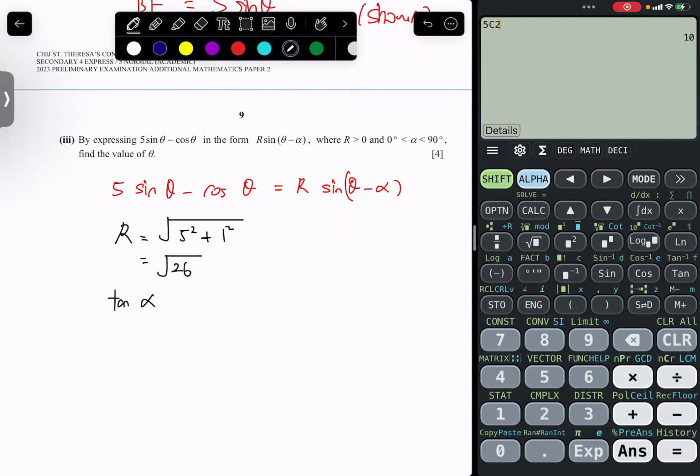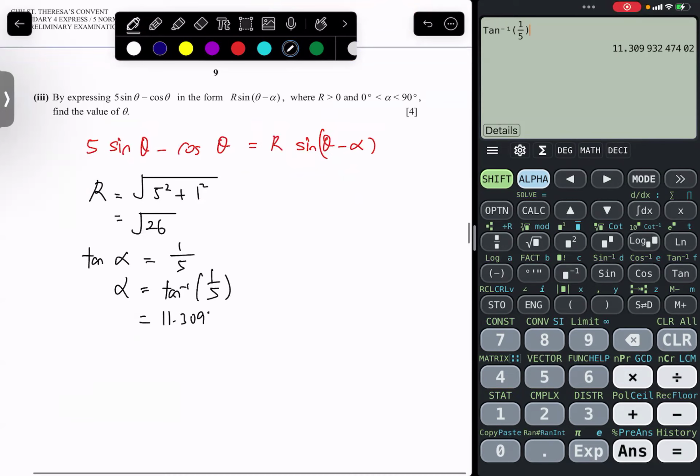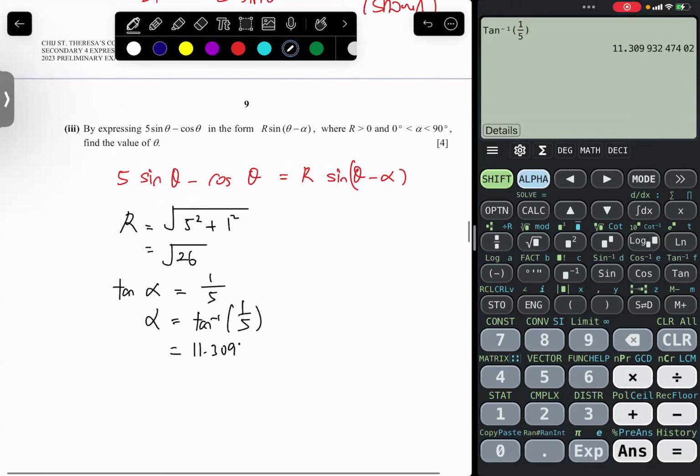Tangent alpha equals 1 over 5, so alpha equals tangent inverse 1 over 5, which is 11.309 degrees. Then find the value of theta.